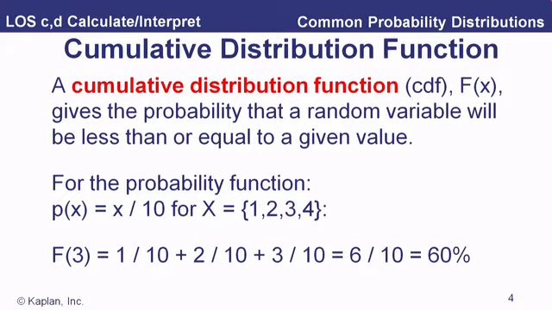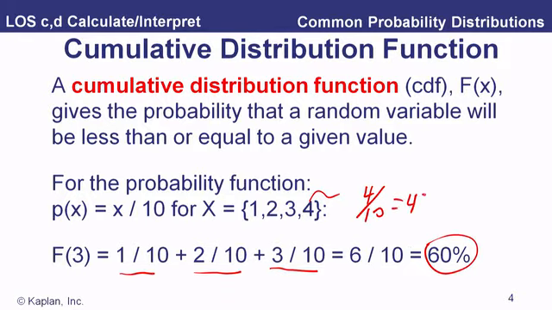So F of 3 is the probability of getting a value of 3 or less. So we're going to add up the probability of getting 1, the probability of getting 2, and the probability of getting 3. So 60% of the time we'll get 3 or less. And that makes sense because the probability of 4 over 10 is 40%.